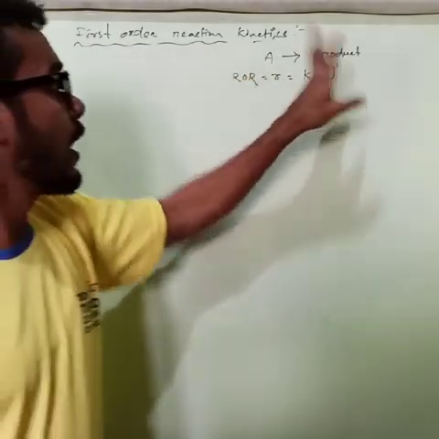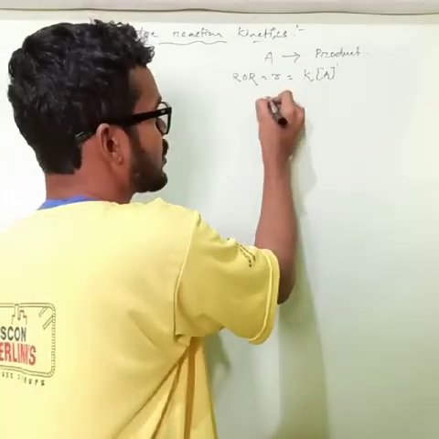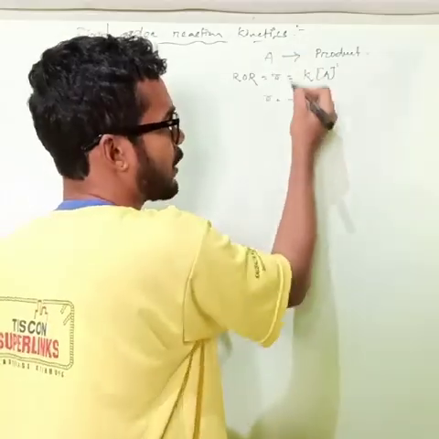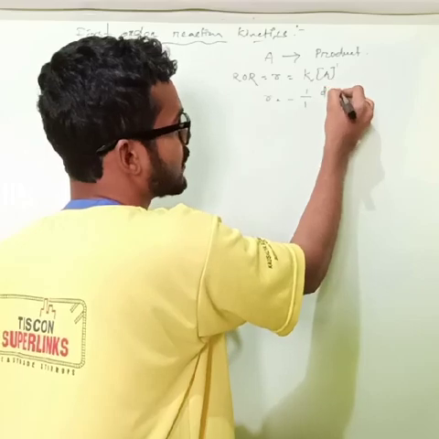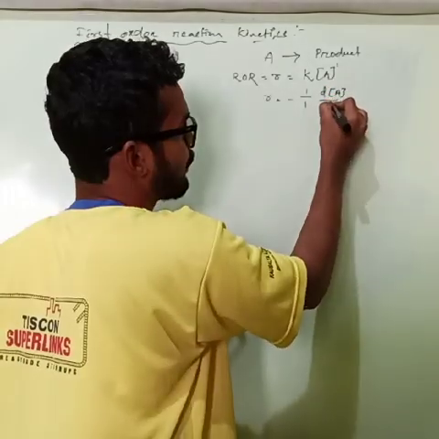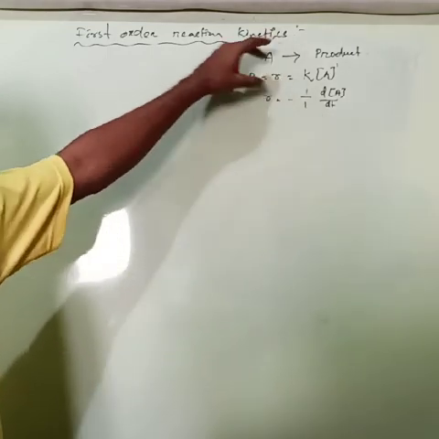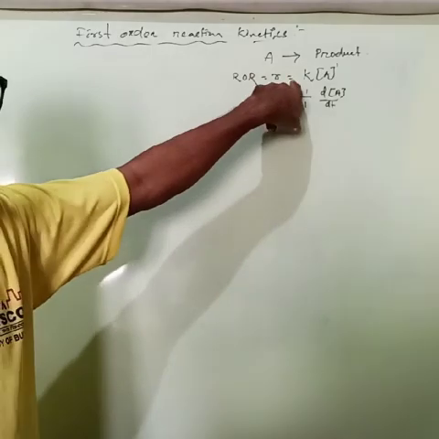And again we know how to calculate the rate. Another method is minus 1 by 1, d concentration of A by dt. This is how we calculate the rate of reaction, and this is according to the rate law expression.